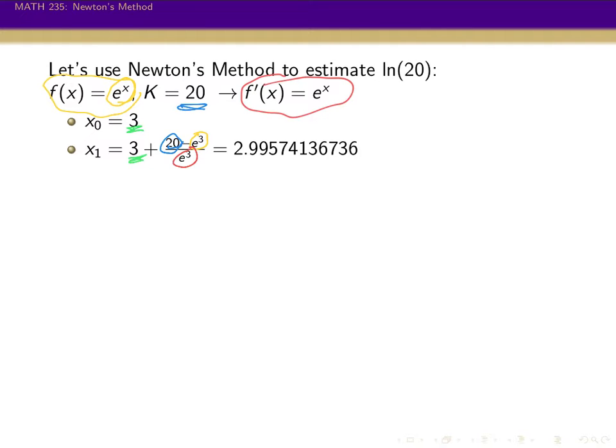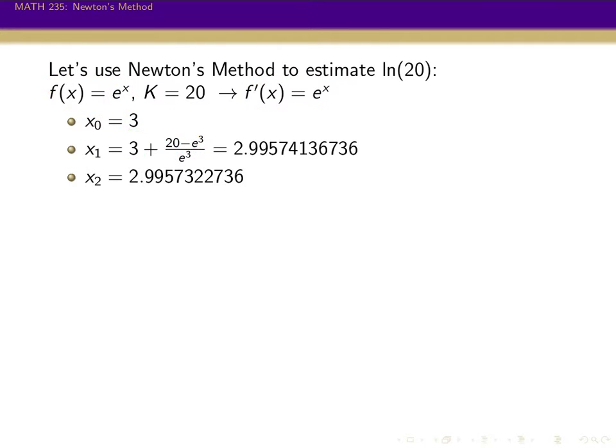We get that our x1 is actually pretty close to 3: 2.9957413, and so on. So our 3 seemed to be a pretty close guess, because the next guess we get is very close to it. Then we run this through again. I just spit out the decimal here, but to get x2, we're really running the same process, starting off with x1, plugging x1 into the function and its derivative, and calculating it out.